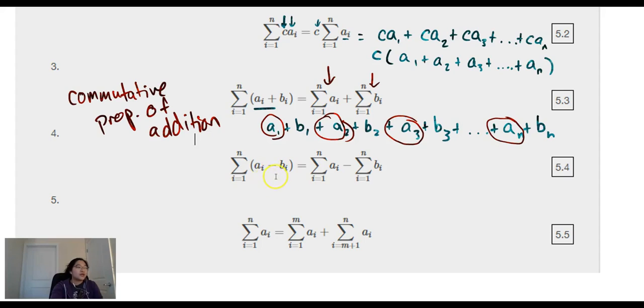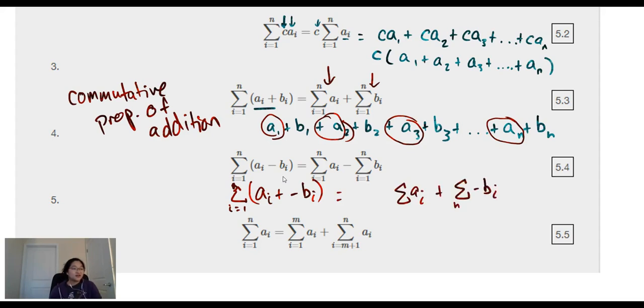So, we have a sub i minus b sub i, which we can rewrite as a sub i plus negative b sub i, because of multiplication. And then, don't we have rule 3, where this is equal to the sum of a sub i plus the sum of negative b sub i from i equals 1 to n.